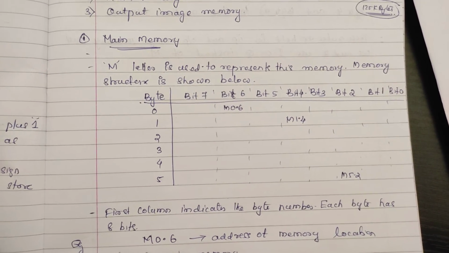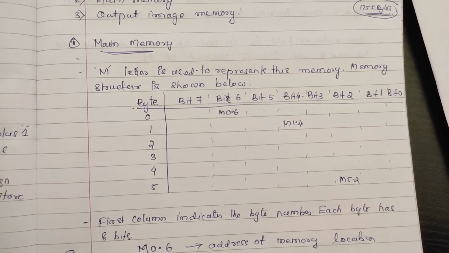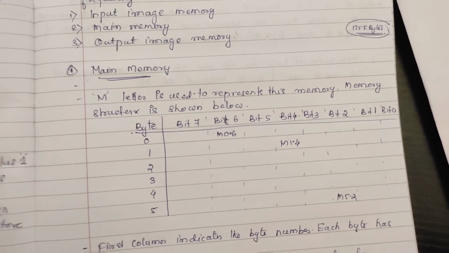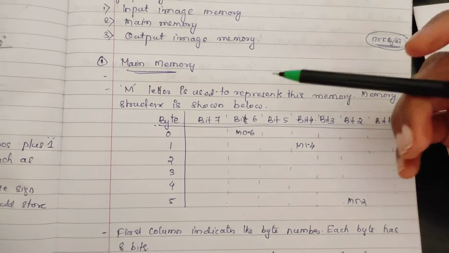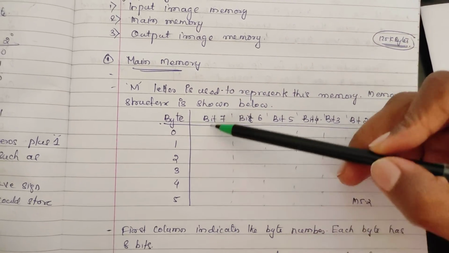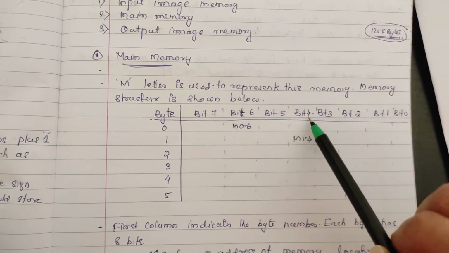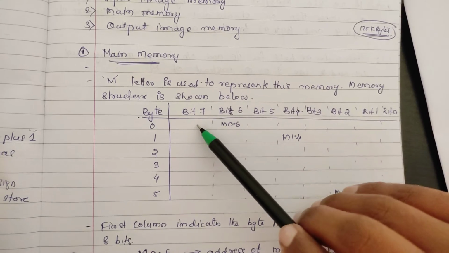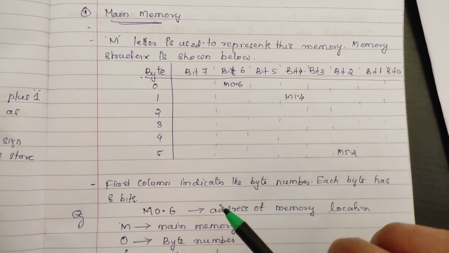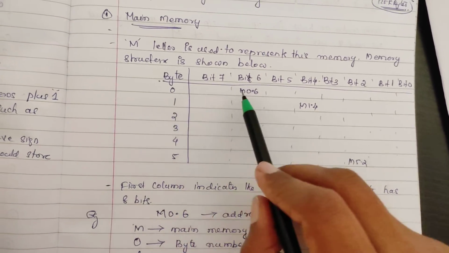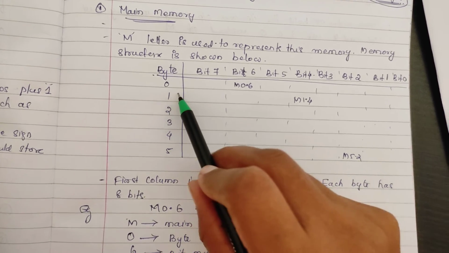Main memory is represented with a capital letter M, and its structure is shown below. The first column indicates the byte, then the bits, bit 0 to bit 7. Each byte has 8 bits, right?